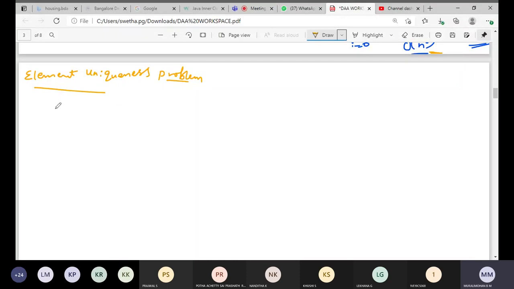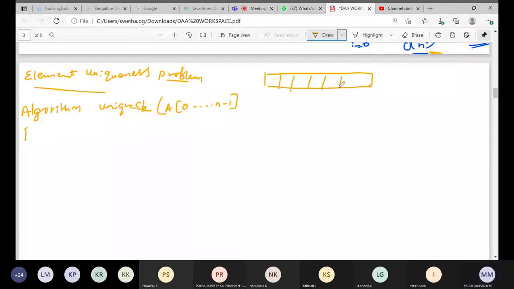So first, let me take one algorithm, unique element. We are given an array from 0 to n minus 1. We should check whether all the elements are distinct or not.